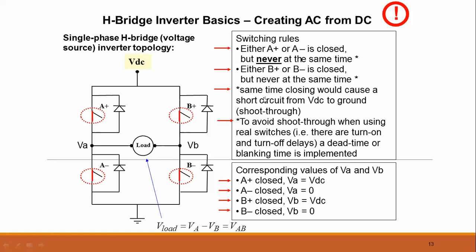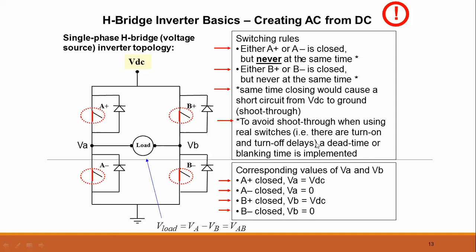Closing both at the same time would evaluate to a short circuit from DC voltage to ground. To avoid short circuit when using real switches, there are turn on and turn off delays, and a dead time or blanking time is implemented, corresponding to the values of VA and VB.